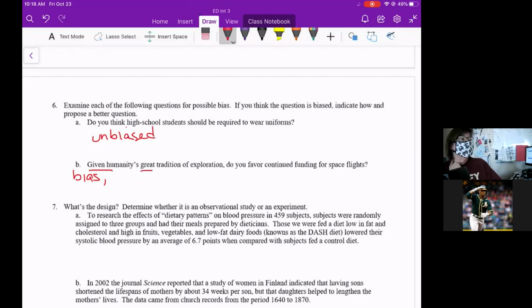And the words great tradition of exploration, to influence.